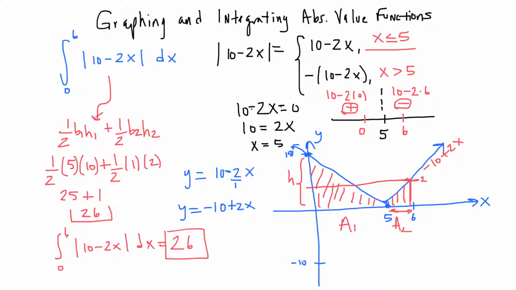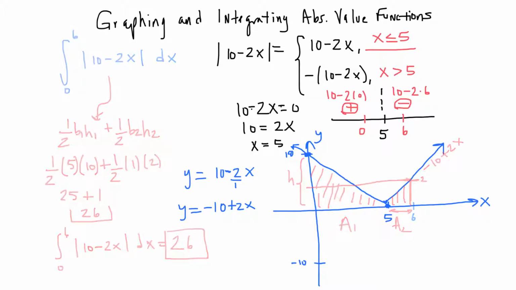But once we had the graph, it was very easy to say, oh, you have two triangles, let's find the area of both of them. And very important, both of the triangles are above the x-axis, so the area was positive here and positive on the second expression. So 25 plus 1, 26.